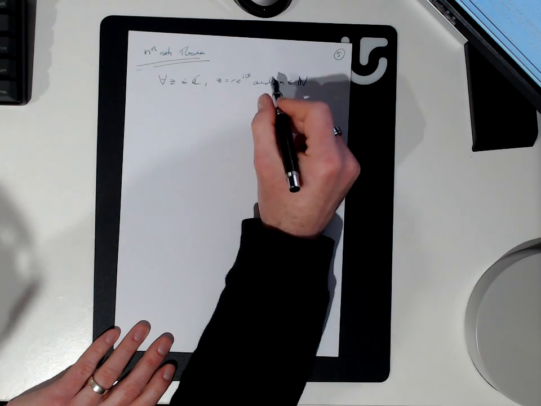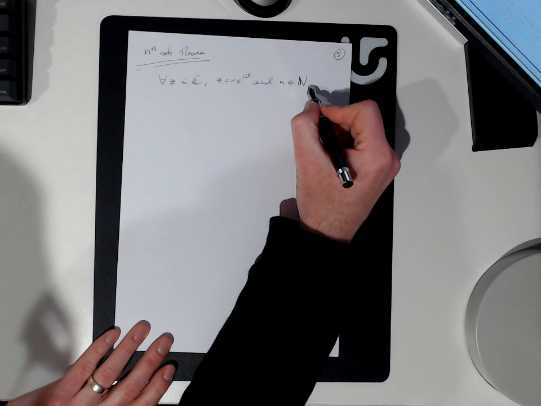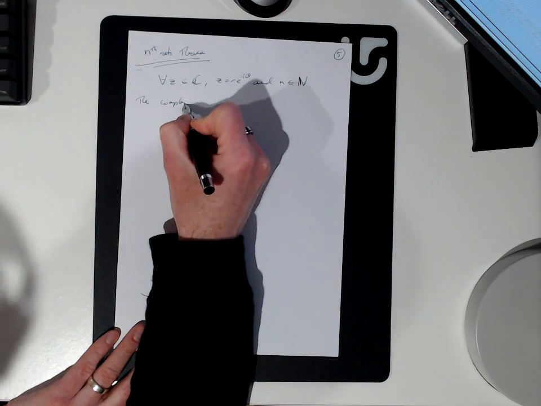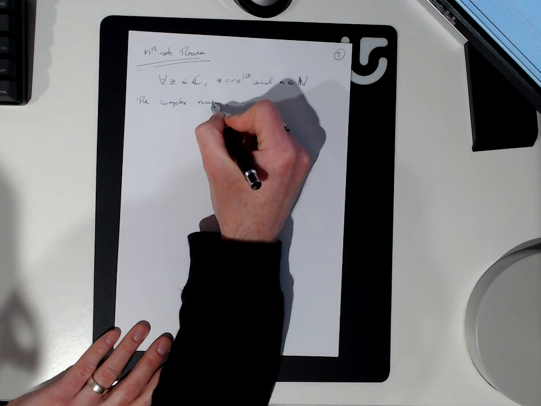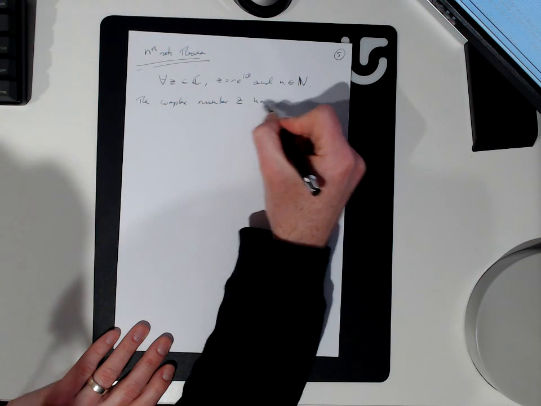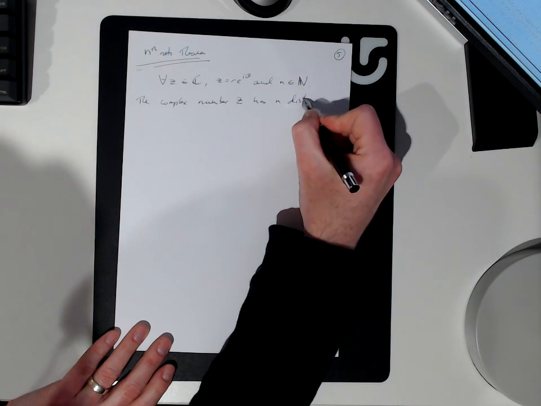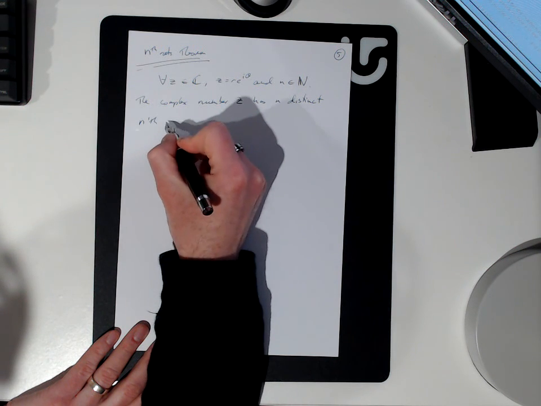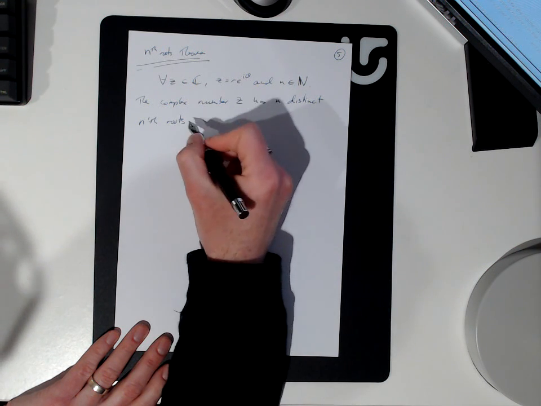We're restricting here because we haven't really told you what powers are that aren't natural numbers. The complex number z has n distinct nth roots.